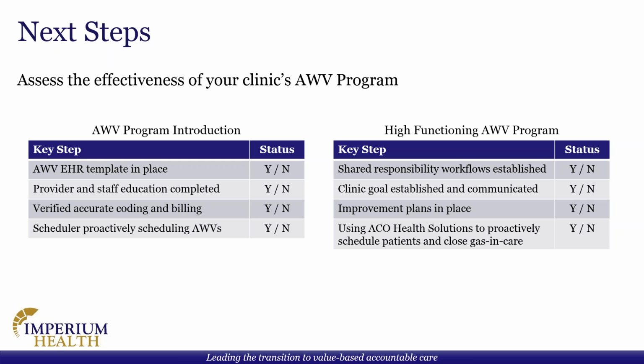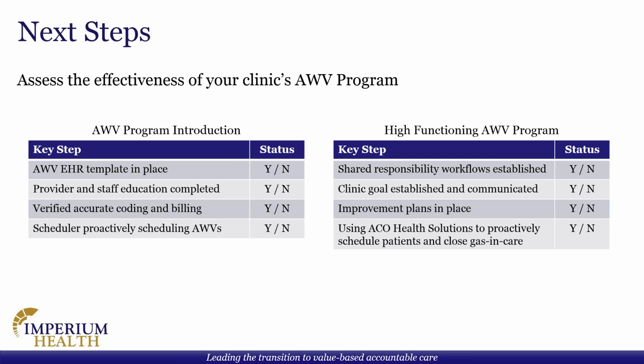So those are the things I would be paying attention to when establishing a well visit routine. But if I'm then starting to think about turning that routine into a full-on, really successful program, the things I want to be thinking about next are, have I really tried to map out how we can best share responsibilities within the team? I know for some of you that's going to be easier than others.